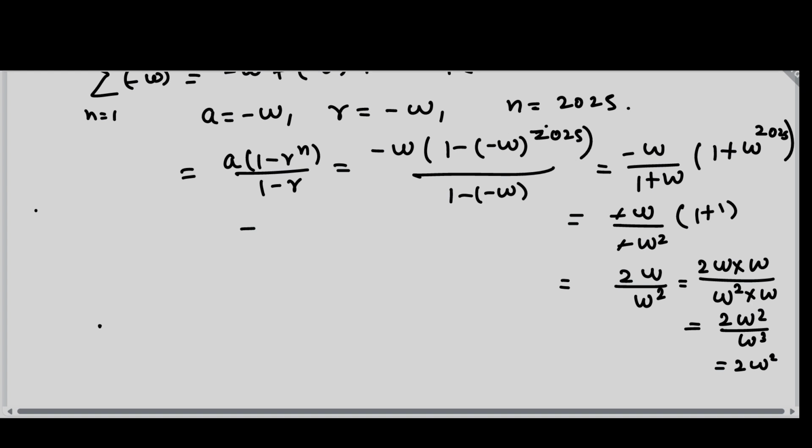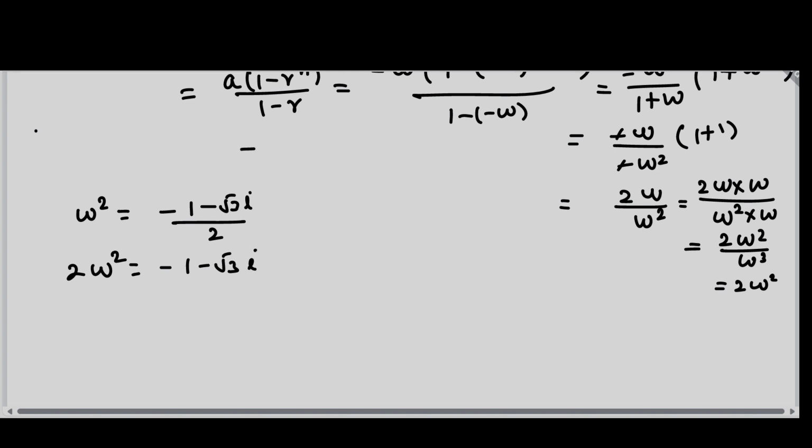Now we are going to find the argument of this quantity. We have omega square equal to minus 1 minus square root 3 iota over 2. Therefore 2 omega square is minus 1 minus square root 3 iota.